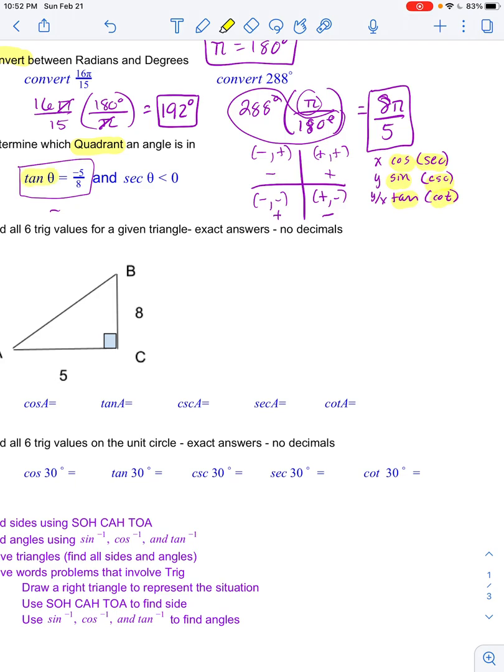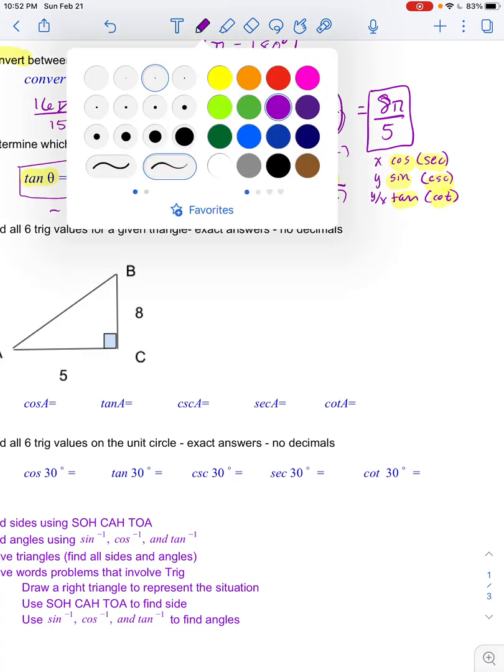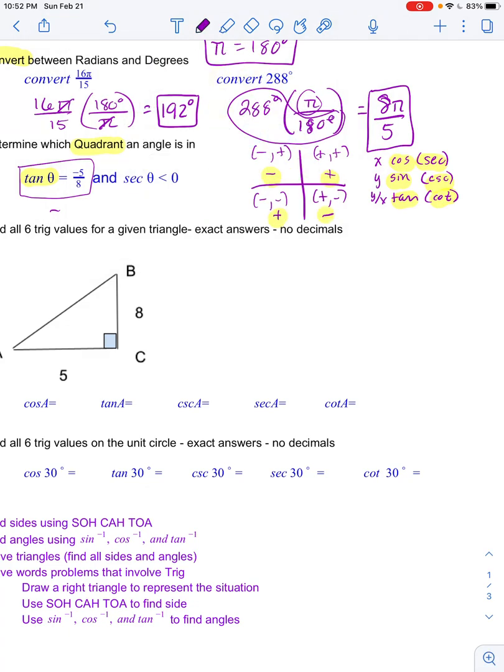So when it says tangent, I look at my tangents and I say, okay, well, the only two quadrants where tangent's negative would be over here and down here. That's what meets this requirement. This is secant. Okay, so secant is related to cosine, which is the same as x, and they're telling me it's less than 0. So they're telling me that the secant is negative, which means my cosine would be negative, which means I'm looking for a place that has a negative x.